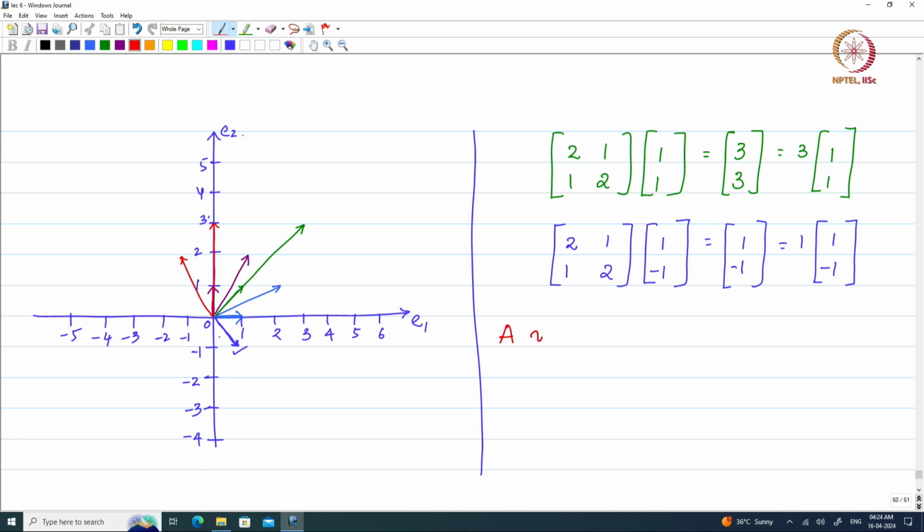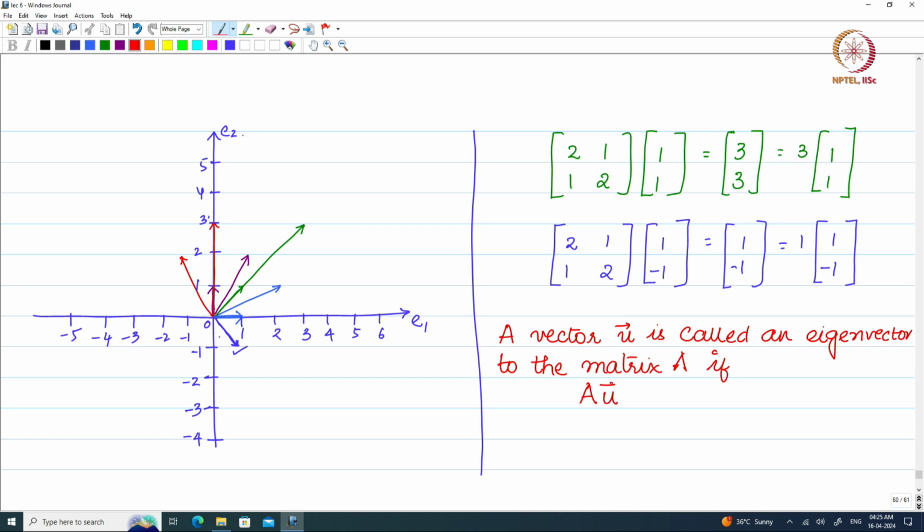A vector u is called an eigenvector to the matrix A if Au is equal to lambda u for some scalar lambda, and lambda is called the eigenvalue.